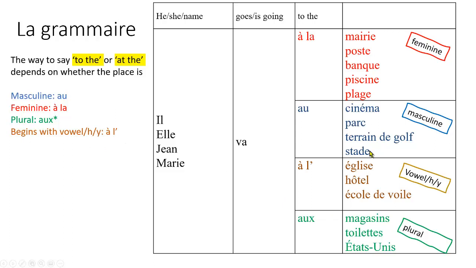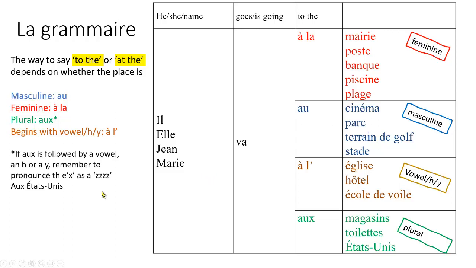And I've tried to make the colours go with it. And if you can't use colours, you can't have a coloured sheet, then perhaps vary the font to make it clear how it's different. And then remind them about the pronunciation. If O followed by a vowel, H, remember to pronounce the X as a Z. Aux États-Unis, for example.